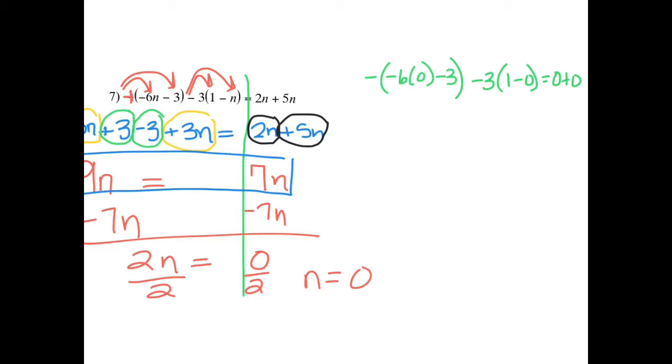So let's see, what is negative 6 times 0? Well, anything times 0 is 0. So I really just have a negative and then a negative 3 outside of the parenthesis.